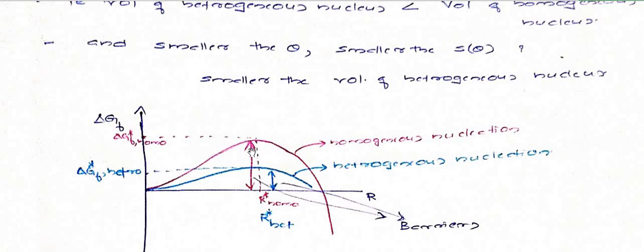That is the maximum point of free energy. But what we want to understand is that the barrier for heterogeneous nucleation is nearly half of that of homogeneous nucleation.